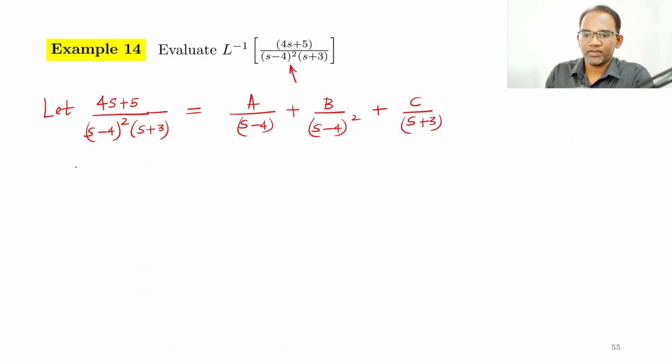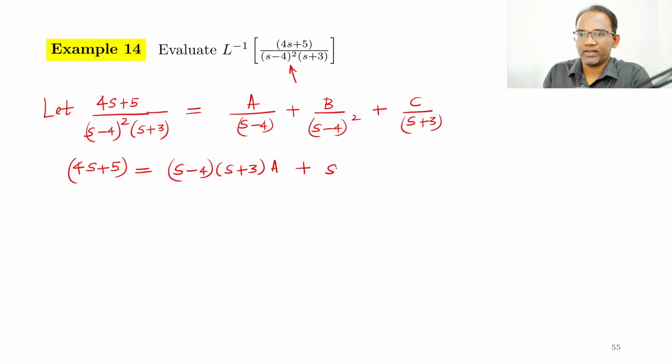When we cross multiply the terms, 4s plus 5 equal to (s minus 4) times (s plus 3) a, then (s plus 3) times b plus (s minus 4) the whole square c.